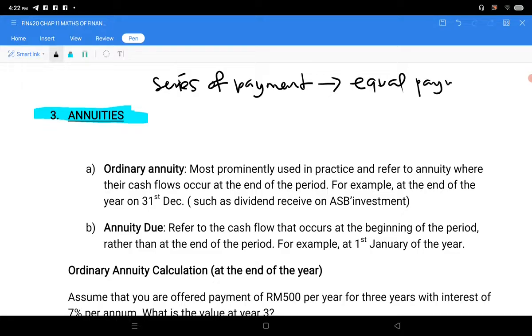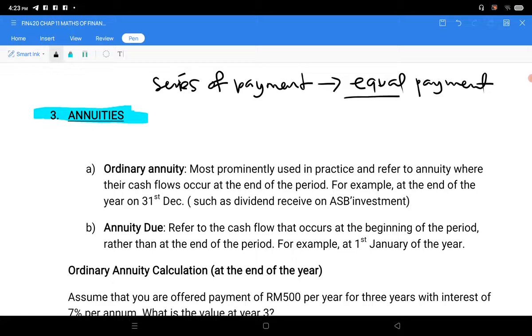Apa maksud equal payment? Mungkin you sedang membayar jumlah duit yang sama setiap bulan atau setiap tahun, ataupun you sedang menerima duit yang sama setiap bulan atau setiap tahun. The figure must be the same. Equal, mesti sama. Itu kita panggil sebagai annuity.